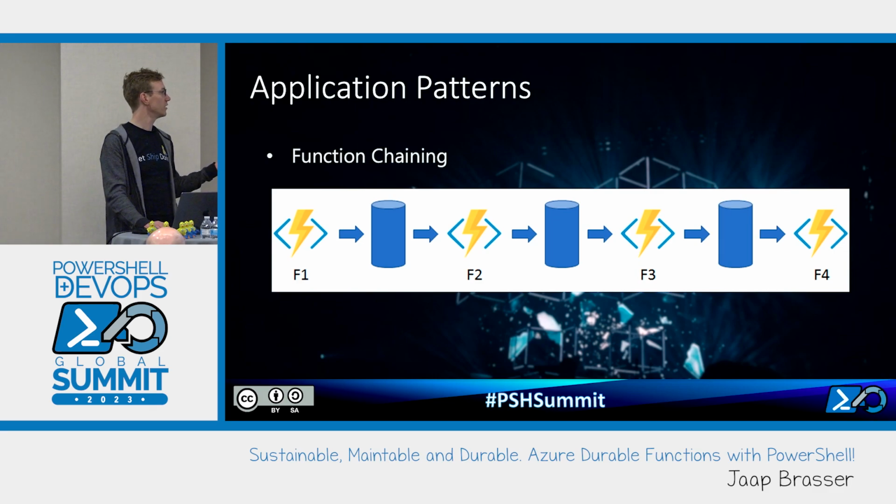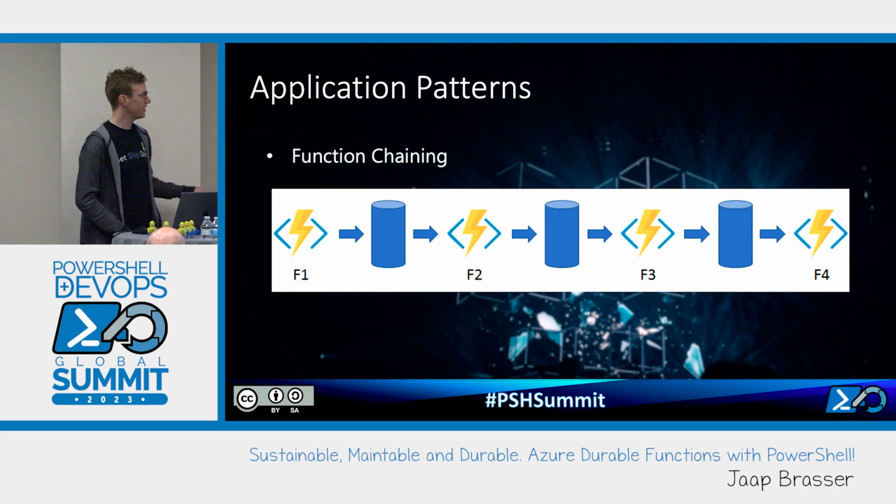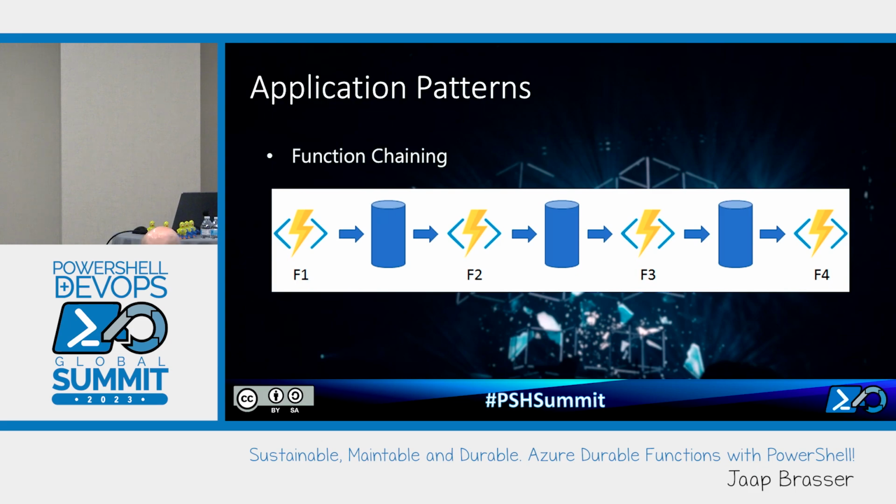So this one is quite useful in situations where your first function outputs the data, the second function picks it up based on the queue trigger or storage trigger. Second function fails. What the orchestrator would do is it will take the state that all the functions were in.